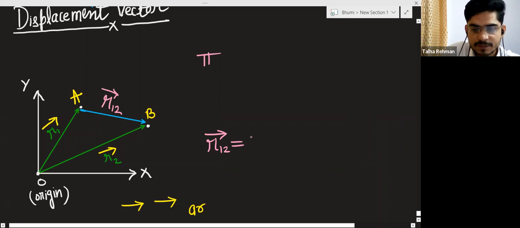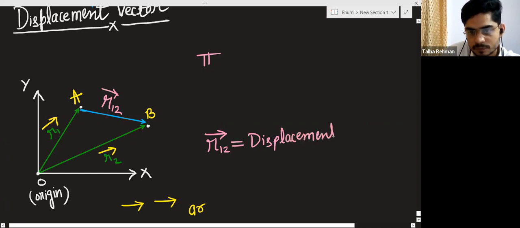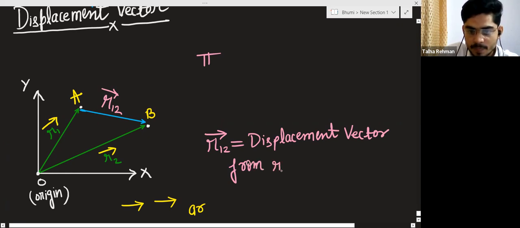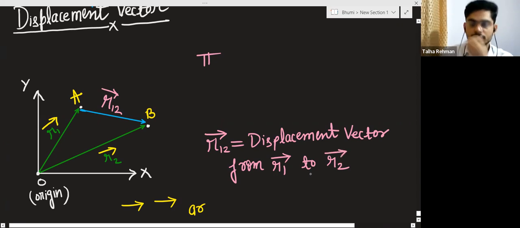R12 is equal to the displacement vector from R1 to R2, where R1 is a position vector. So this is displacement.